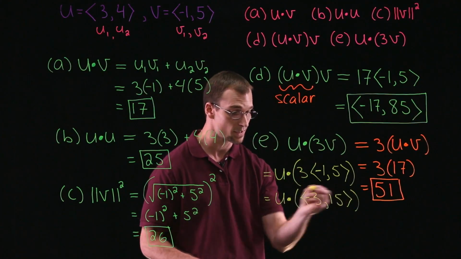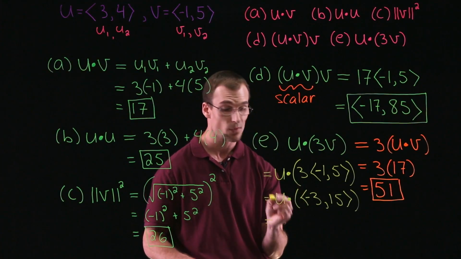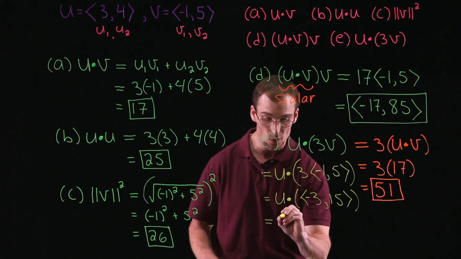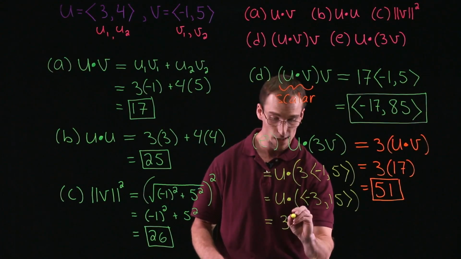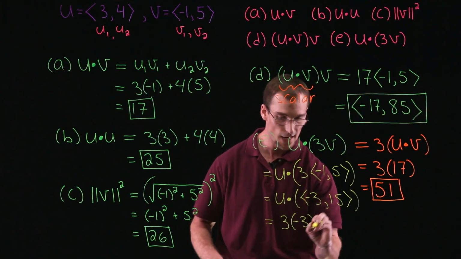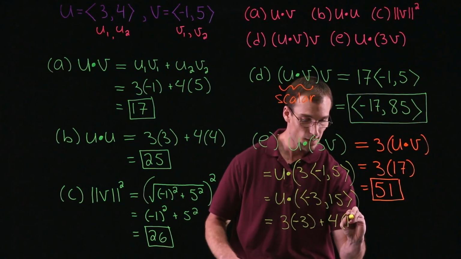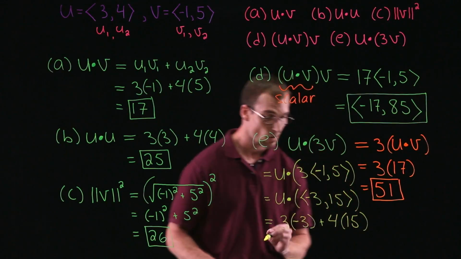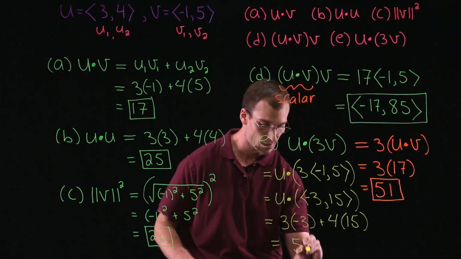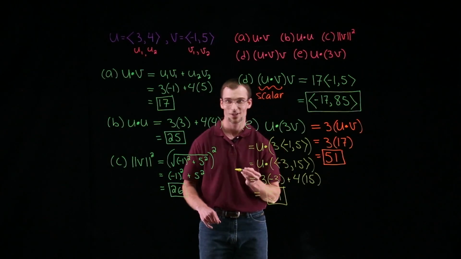A dot product takes each component in u, multiplies it component-wise with the components in this vector, and adds them together. The first component in u, which is 3, times -3, plus the second component in u, which is 4 times 15. So we get -9 plus 60, and of course, they should come out to be the same. We get 51 as we did before. So there we go. Thank you very much.